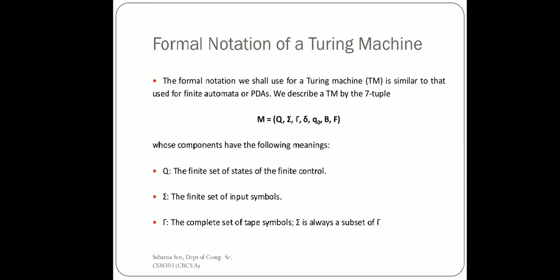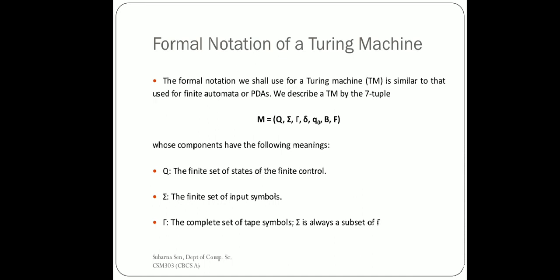Now sigma is the set of input symbols, but it will always be a subset of tau only, right? So whatever input symbols we are placing on the tape, whatever the machine is going to process, those are the input symbols only.